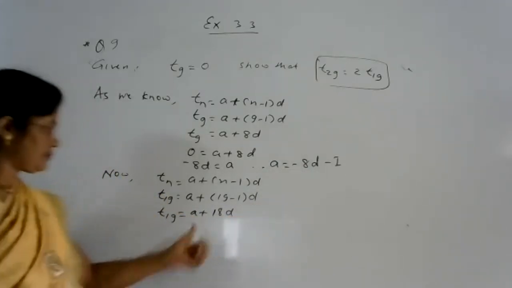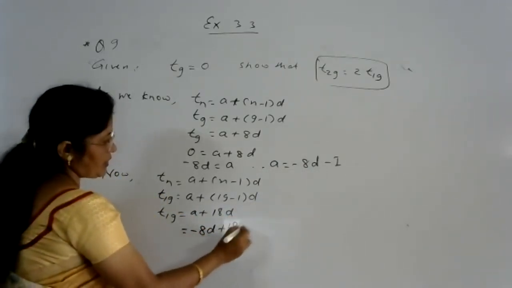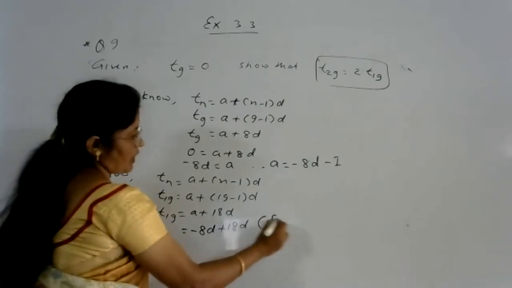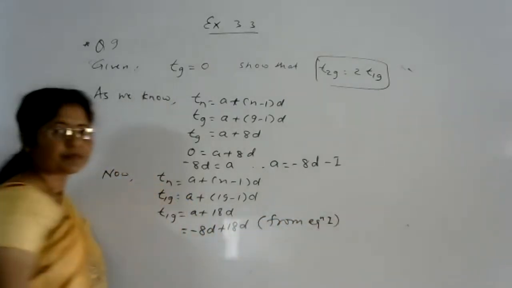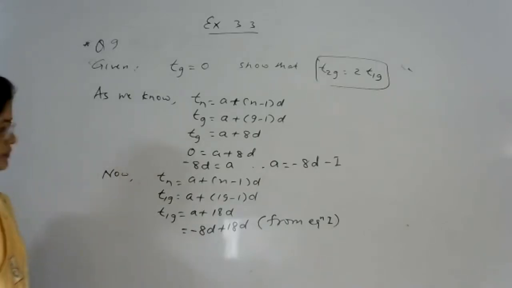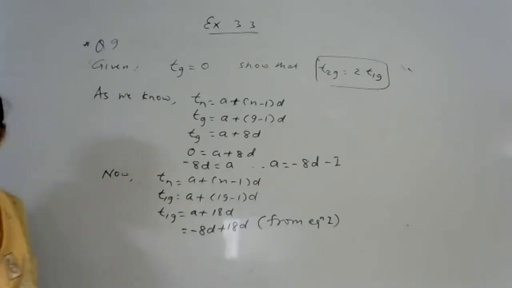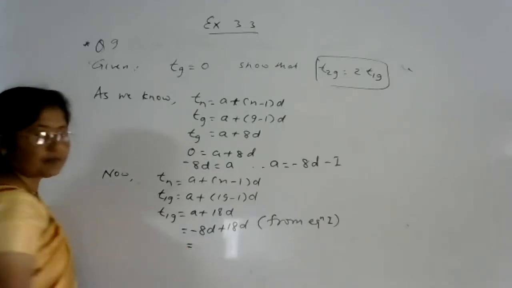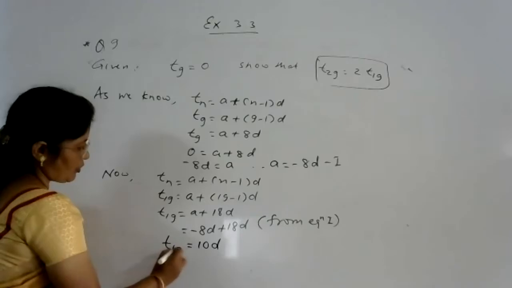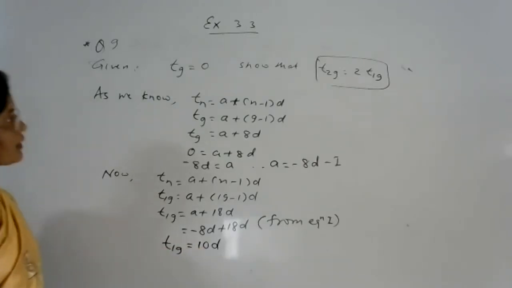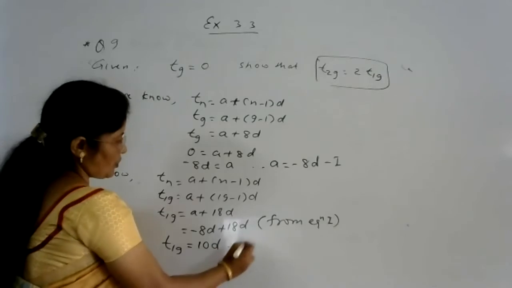Let's substitute: minus 8D plus 18D. From where did you get this value? From equation 1. Minus 8D plus 18D, what is the answer? 10D. Correct. So the 19th term you got is 10D. This is equation 2.